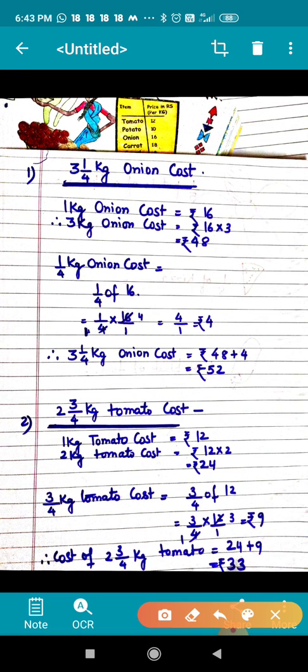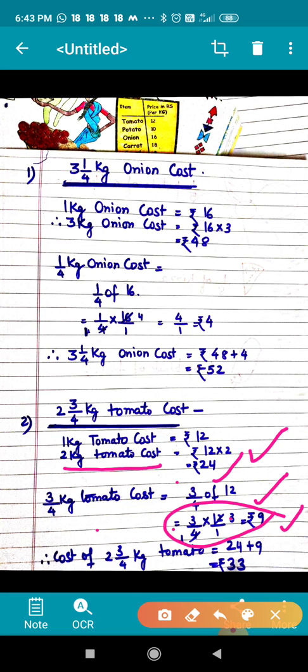Here you have to calculate the price of 2 whole 3 by 4 kg of tomato. So first you will calculate for 2 kg of tomato, multiplied by 12. 12 2s are 24. Now you will calculate 3 by 4 kg of tomato by 3 by 4 of 12. When you solve it, you will get 9.